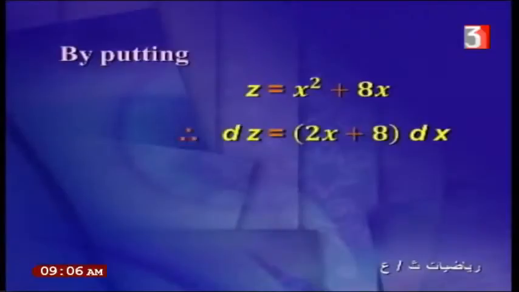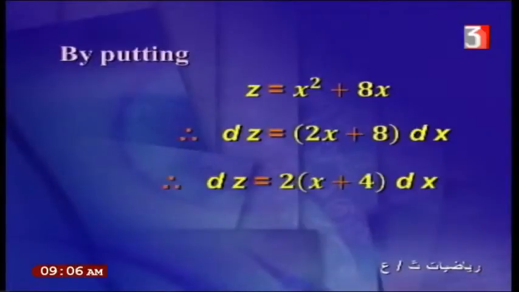Another example, find the integration of (x plus 4) over (x squared plus 8x) to the power 4 dx. Now, by putting z equals x squared plus 8x, the expression between the two brackets, then the differentiation of z, dz, equals the differentiation of x squared plus 8x, which is (2x plus 8) dx.